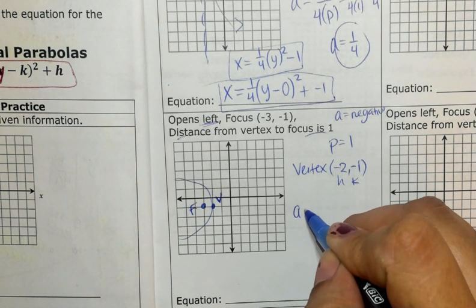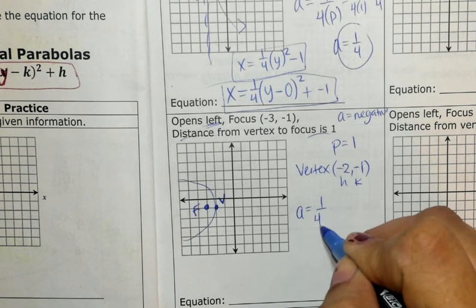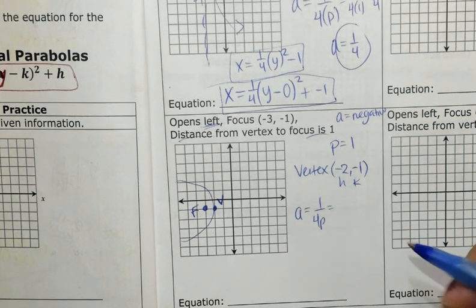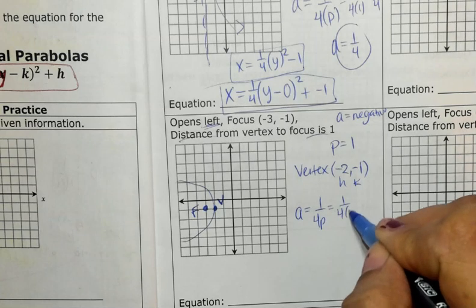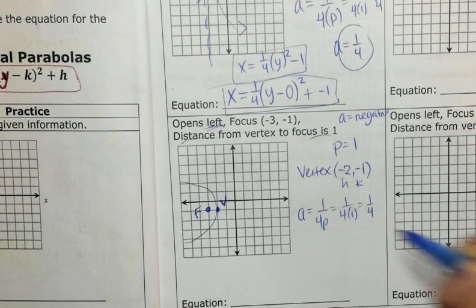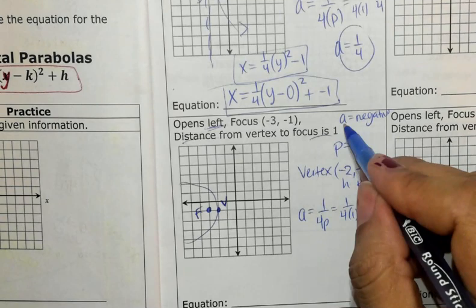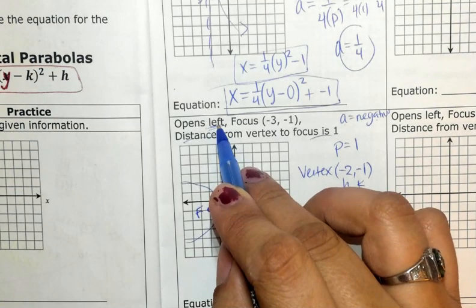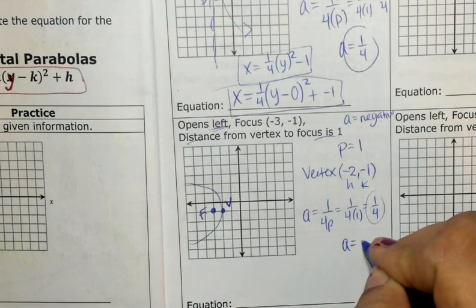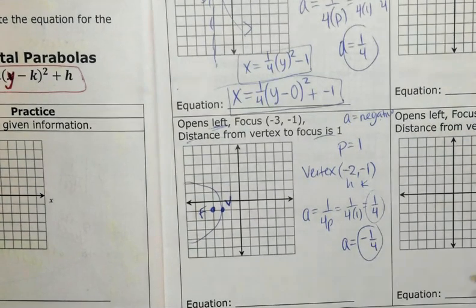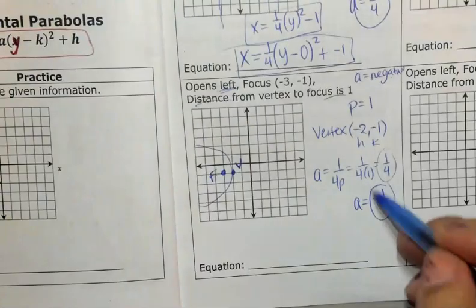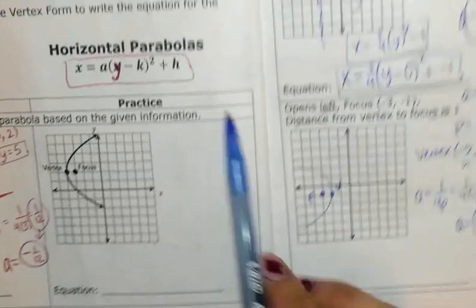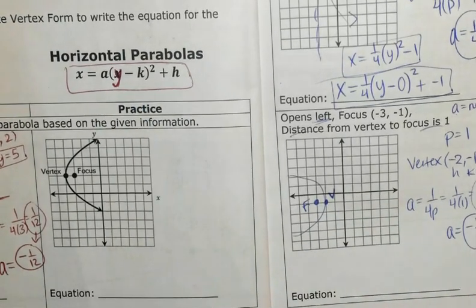Your a value is 1 over 4p, which equals 1 over 4 times 1, which is 1/4. And we said the a will be negative because it's opening left. So a is actually -1/4. So now with those values, we're going to follow the formula here because it's a horizontal parabola.